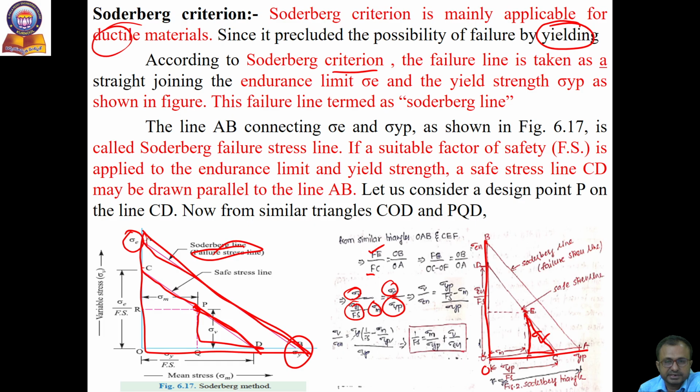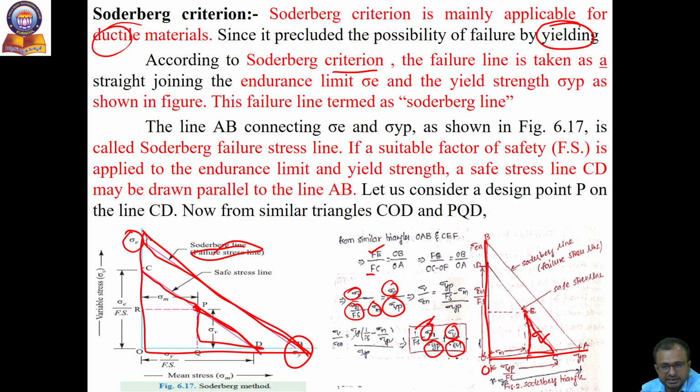Rearranging this equation, taking sigma Y common, finally we get 1 by factor of safety equal to sigma mean by sigma YP plus sigma V by sigma endurance. For static stress, the criterion of failure is sigma yield point. For variable stress, the criterion of failure is sigma endurance. So easily you can remember this equation.